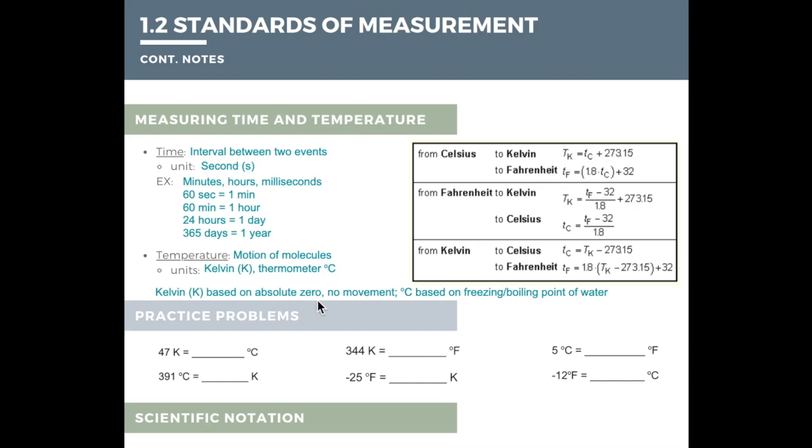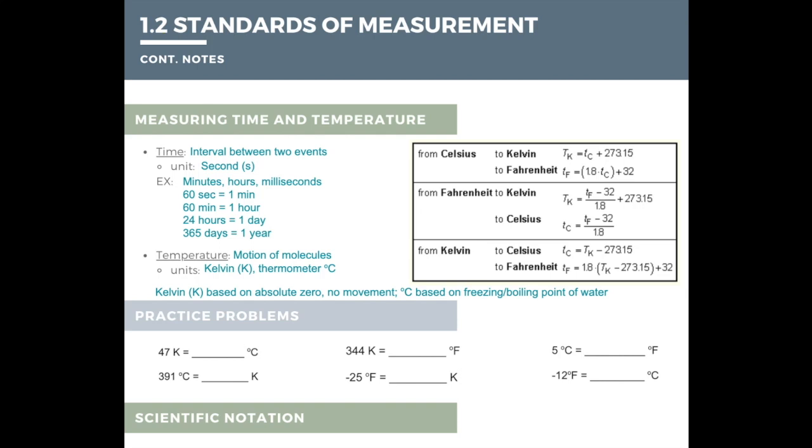So absolute zero is kind of a theoretical type measurement because it's never been observed before. But basically, absolute zero is where the molecules or atoms in the object completely stop. Scientists have been able to get really, really close to 0 Kelvin, but we've never actually observed it in science.